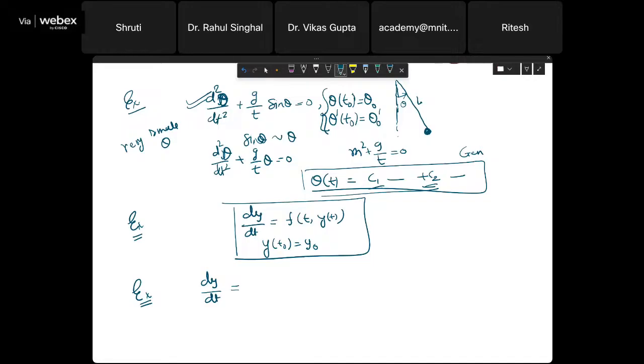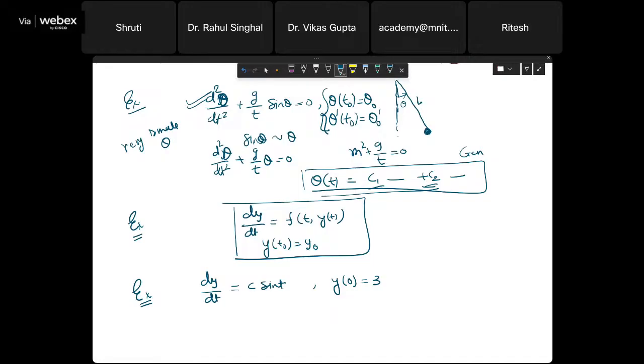So I can write it simply as dy by dt equals some constant C times sine t, right? And along with some initial condition, we can talk about the initial value problem. Initially at time t equals 0, the displacement is, say, 3, or any constant. This equation is very easy to solve.